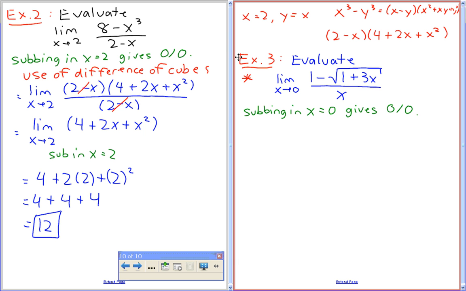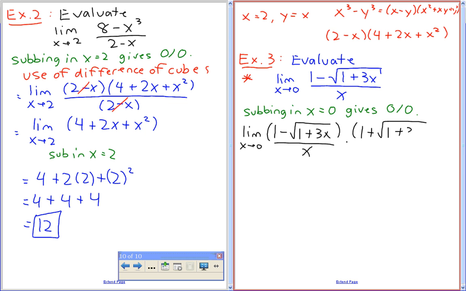Very good. So this is going to be the limit as x approaches 0 of 1 minus root of 1 plus 3x all over x, times 1 plus the root of 1 plus 3x all over 1 plus the root of 1 plus 3x. Sorry?